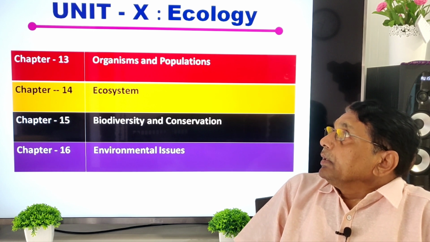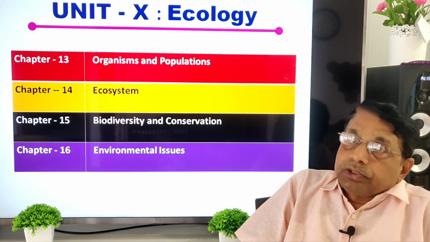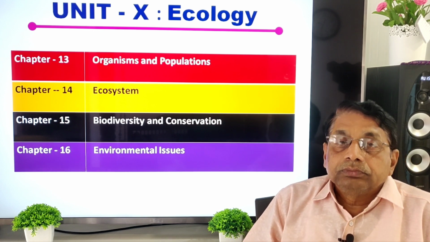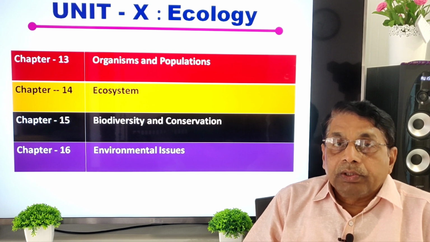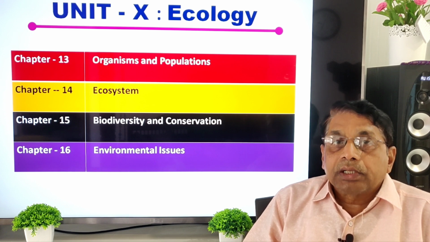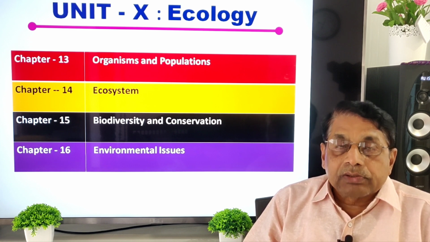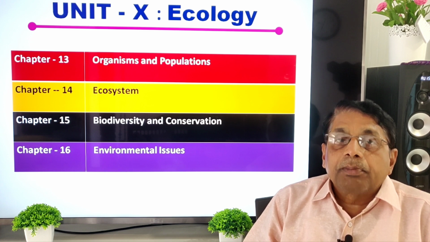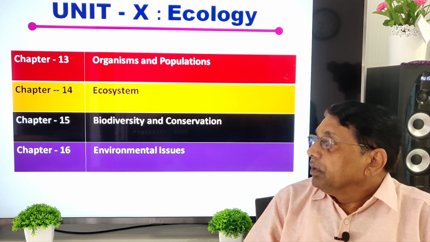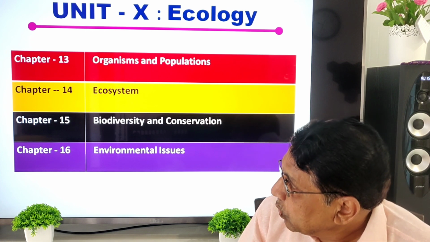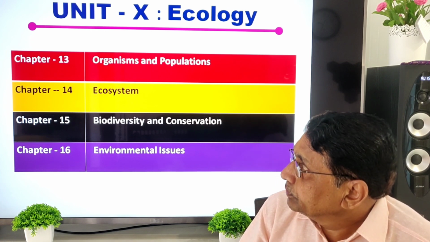Now chapter 10th deals with ecology. Now people are preferring to call it environmental biology rather than ecology. Ecology, we say it is a basic science. Environmental biology is an applied science. This is divided into 4 chapters.